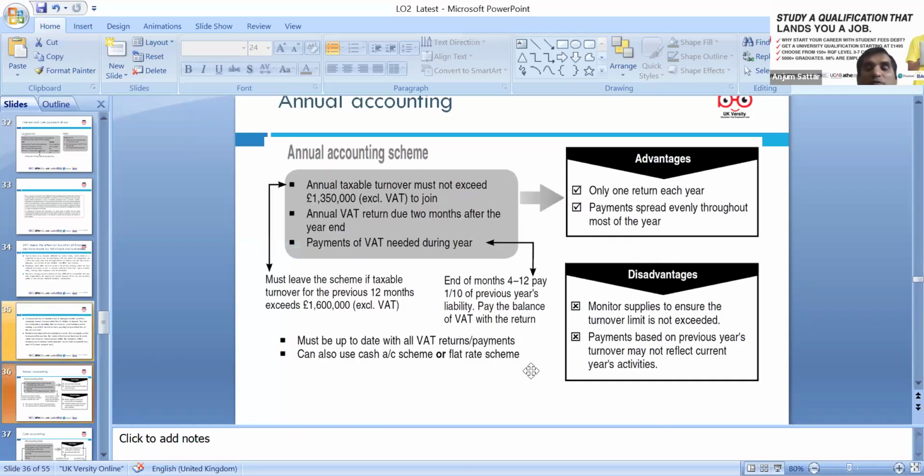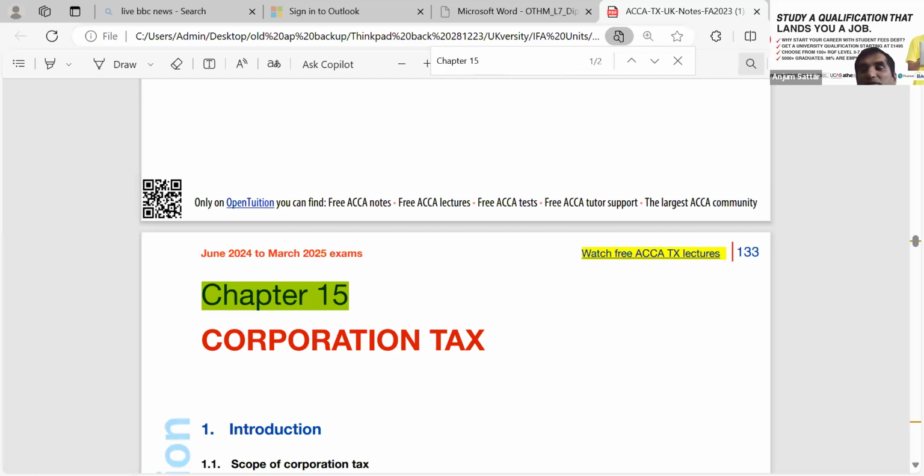Okay. So I'll take you back first to chapter 15 and look at corporation tax. This is the Finance Act 2023-24, according to this book.